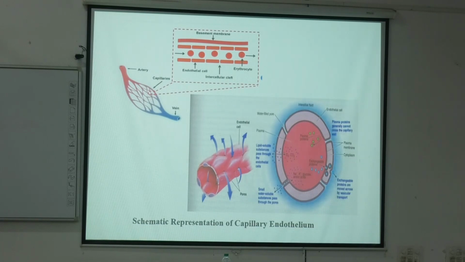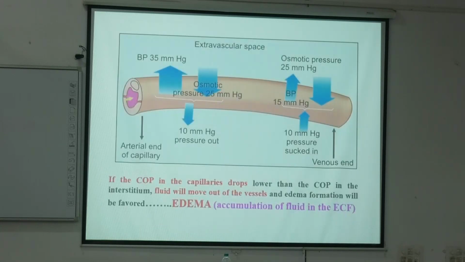This is most important, it will be asked during examination, and it is clinically relevant. You see there is a basement membrane, this is a capillary, and blood is moving through it, and larger molecules are not passing. It's a schematic representation. There are 2 pores. Through the pores usually water and water soluble substances pass through.